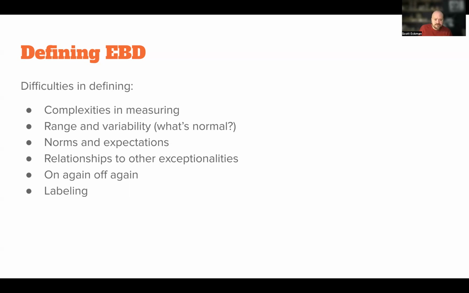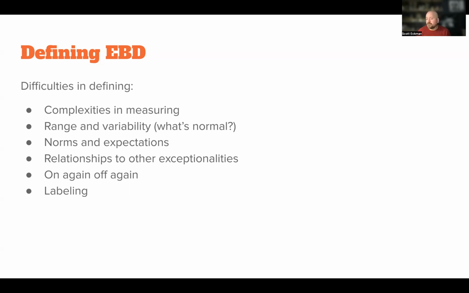What we might see from students early on in their education at the elementary level can sometimes fizzle out as they grow older, and that causes some difficulty in terms of defining. And then obviously, when we think about special education specifically, we have to talk about labels, and you're going to read a little bit about that in chapter 2.